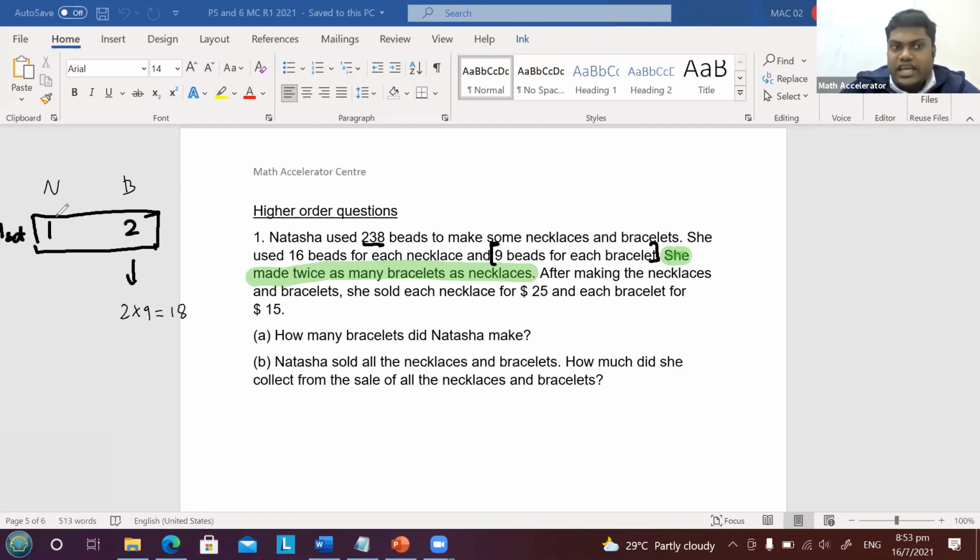Now in my one set, I have 1 necklace, right? She used 16 beads for 1 necklace. So this one is simply 16. So my first set, what is the total number of beads? 16 plus 18 equals 34. Up to this point, any confusion?